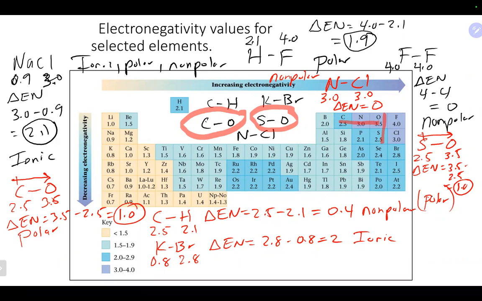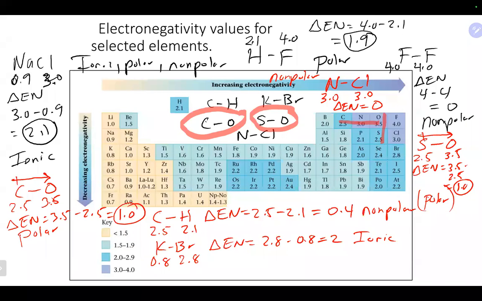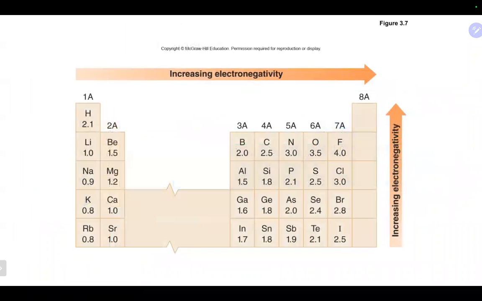And like I said, obviously these numbers would be provided for you if you needed them. And I think maybe in your book you have something that looks like that. Since we really don't do too much with the transition metals, a lot of times they'll cut them out and just give you the sides. By the way, you see the noble gases there have nothing written for electronegativity values.